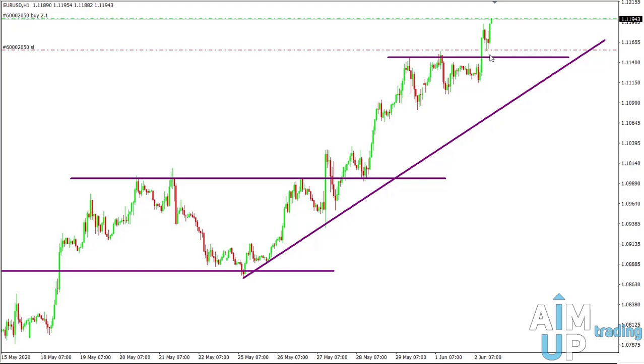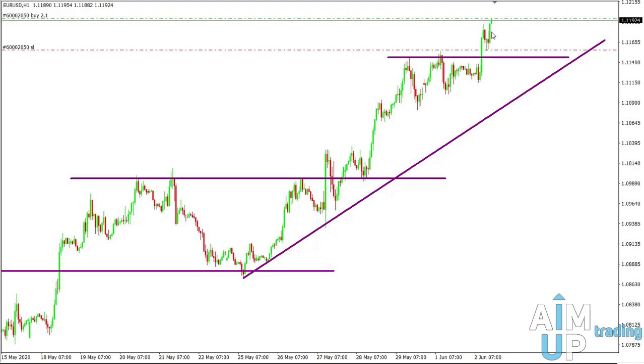if you want to play riskier and you want to give more room for your trade, you can of course set your stop loss under this trend line. This is going to be a zone where it's going to be difficult for the price to break, because as you can see, we already have a couple of tries, and this zone acts as a resistance.